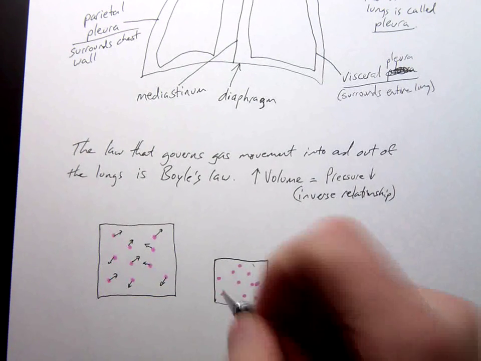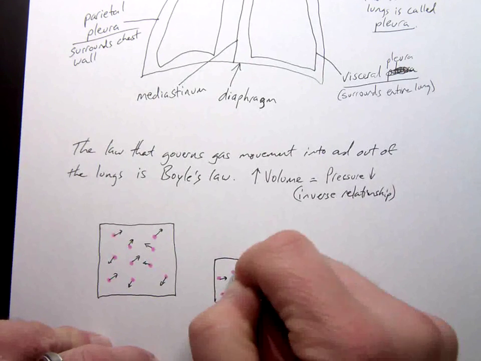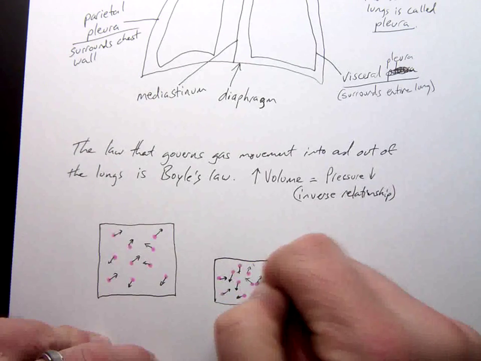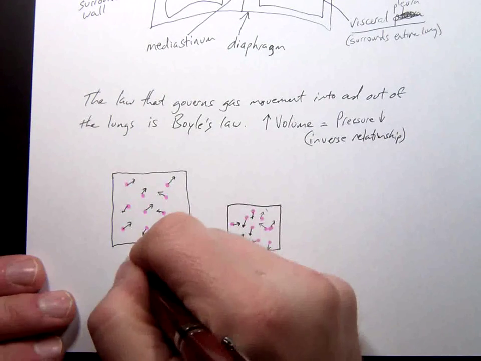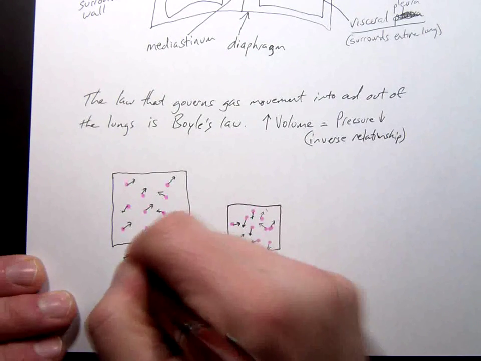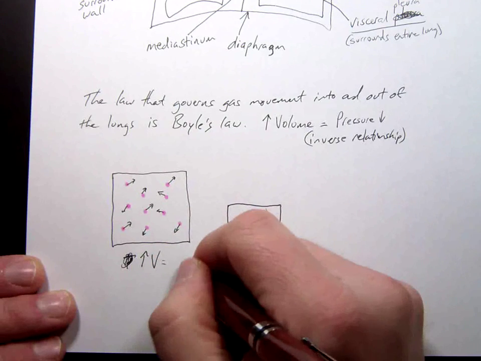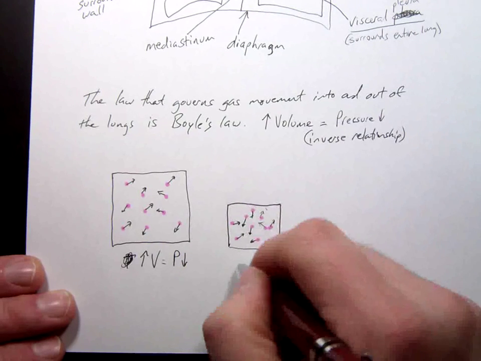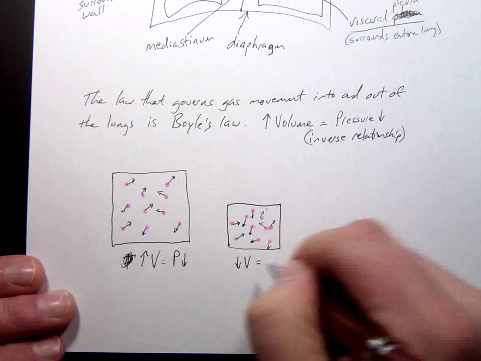Will there be more or less collisions? There will be more collisions. And as a result, higher pressure. So this one is greater volume, which means what? Lower pressure. This one is lower volume, which means greater pressure.